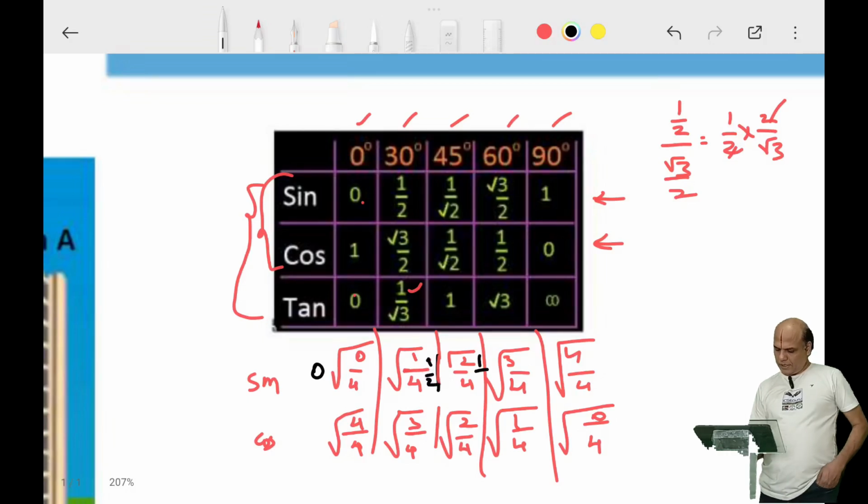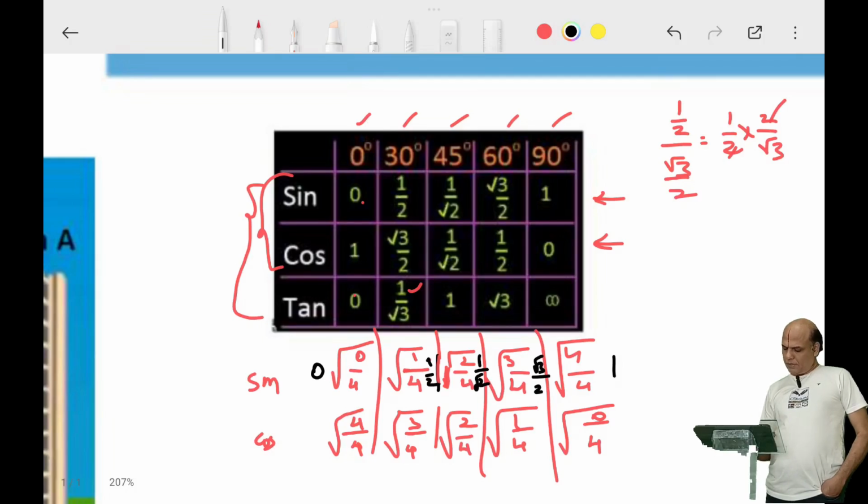So sine 30 is half. Here, under root of 2 by 4, if you simplify, this will be 1 by root 2. Here it will be root 3 in the numerator and root of 4 is 2. Here it is 1, so it will be 1.